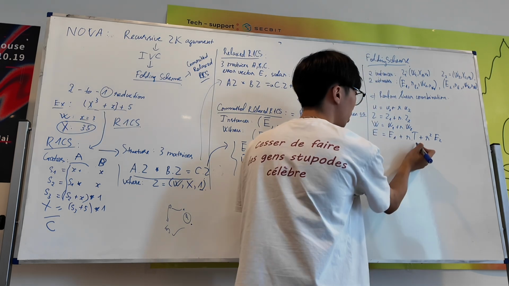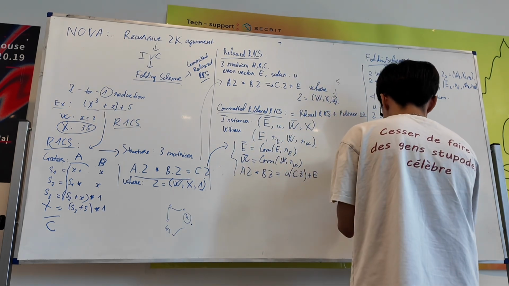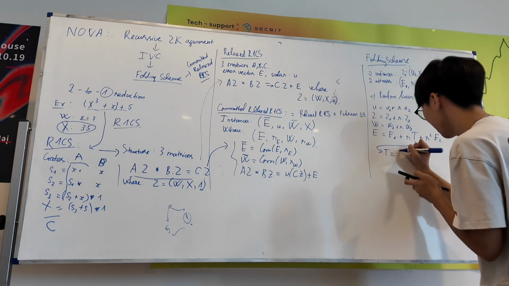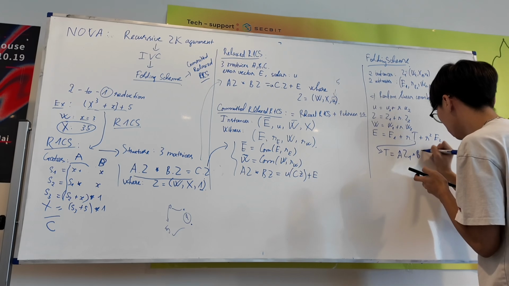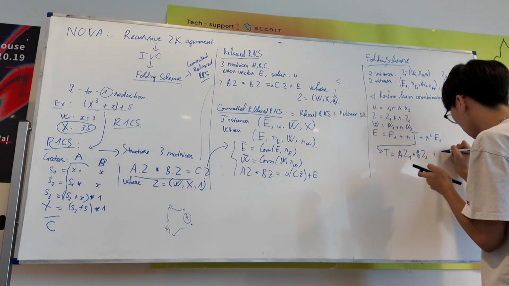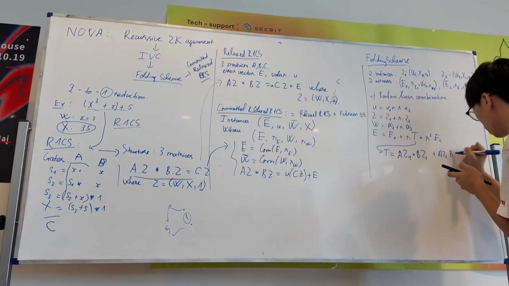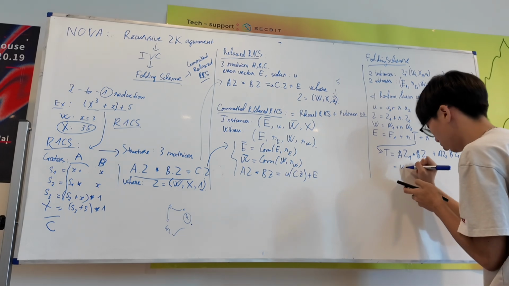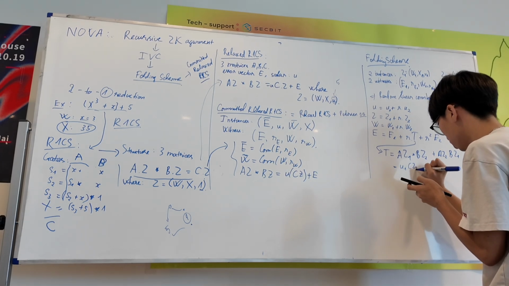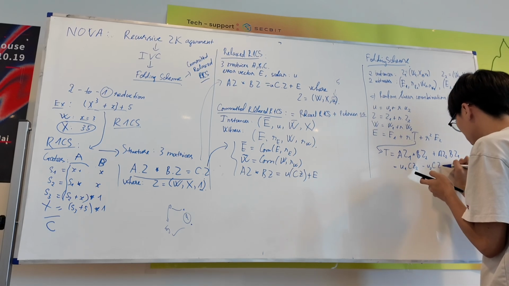So t is a new element here, so t is equal to az1 bz2 plus az2 bz1 minus u1 cz2 minus u2 cz1.